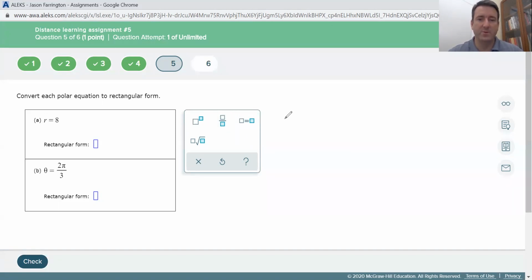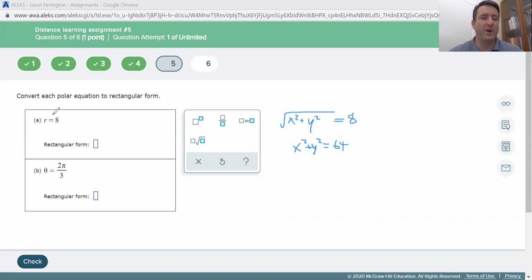So we get the square root of x squared plus y squared is equal to 8. And then we can square both sides. And so we get x squared plus y squared is equal to 64.